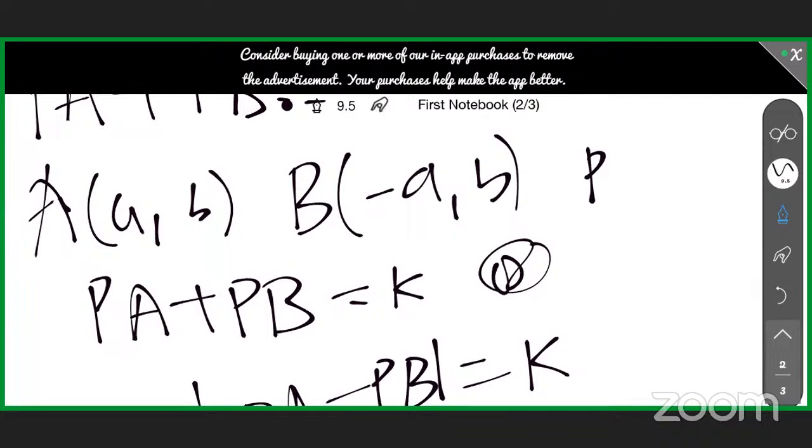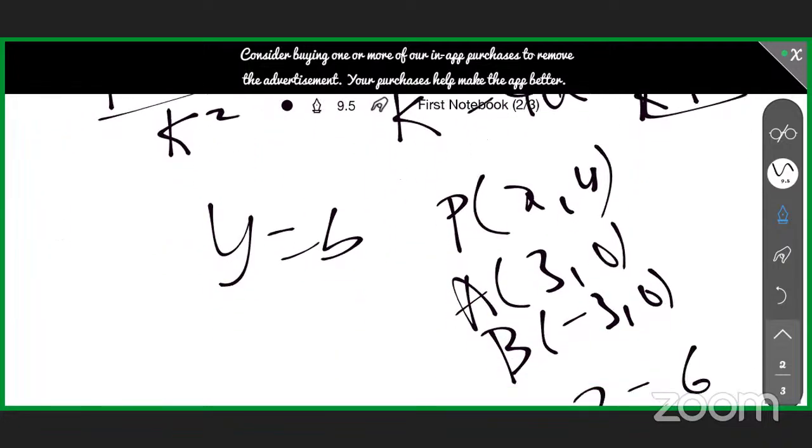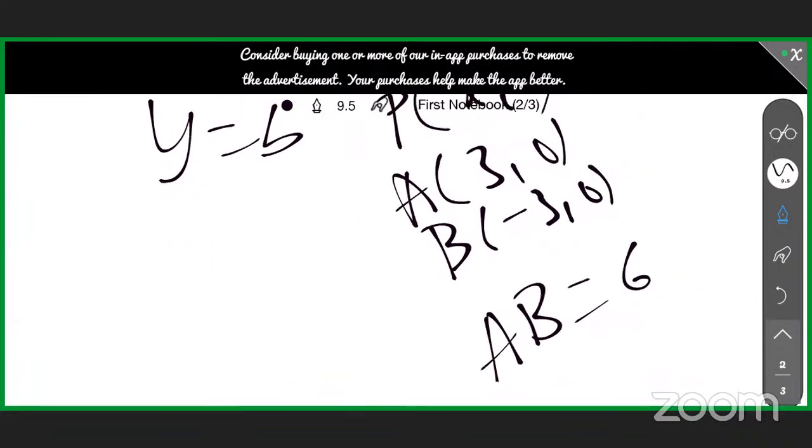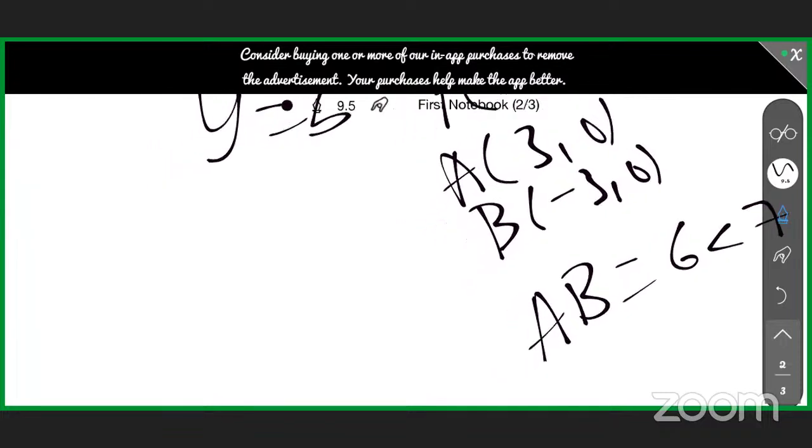Is my AB greater than K or less than K? 6 is less than 7 or greater than 7? Less than 7. Yes, sir, 6 is less than 7.